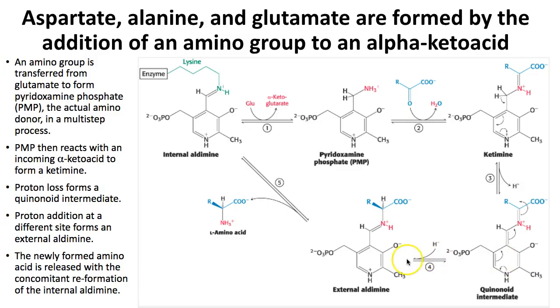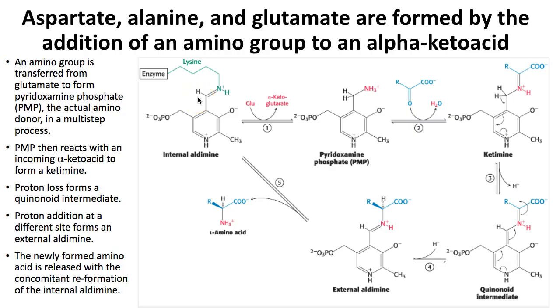Then you have protonation to form this now external aldimine, because you have this aldimine structure that you can see matches here, but instead of being linked to an internal enzyme, it is linked externally, not to any sort of internal enzyme.